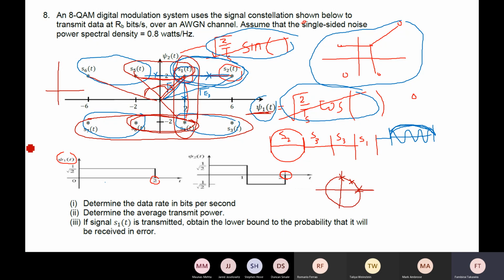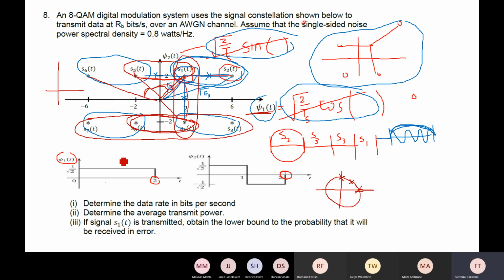In the end, it doesn't depend on the specific waveform that you use. The specific waveform is related to the basis function. The performance of your system really depends on the projection of your waveforms onto the basis function.